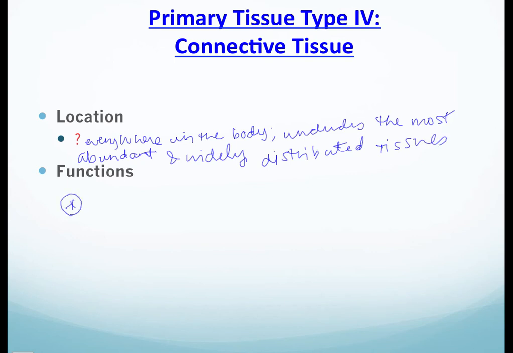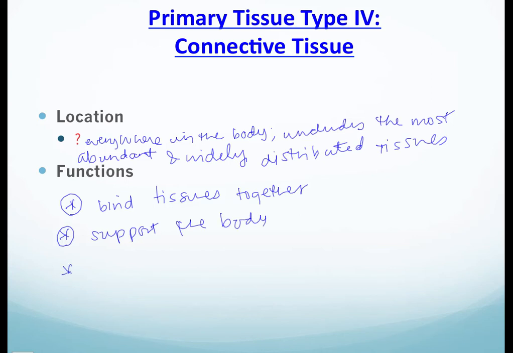And because of this, since they're found everywhere, what are their functions? They bind tissues together, support the body, and they provide protection. And we can clearly see this protection one, providing protection, when we saw one example of being the bone.